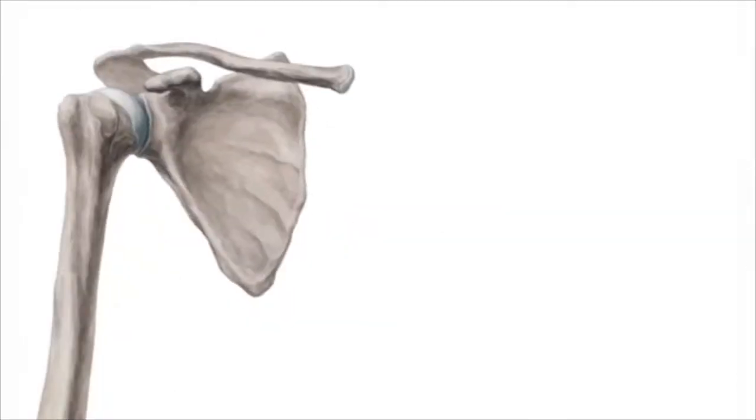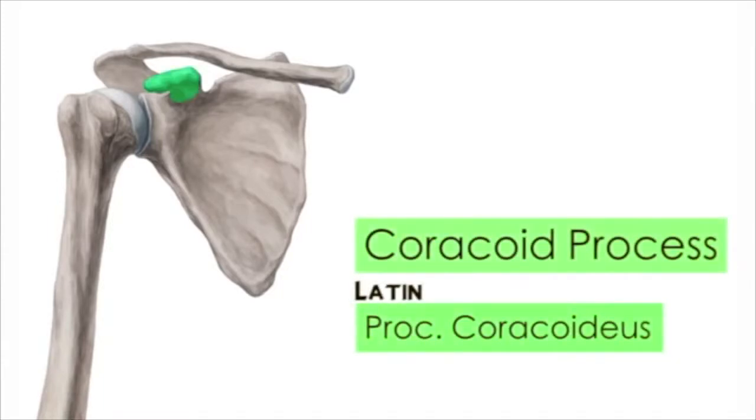The next structure that we're going to talk about is found above the glenoid cavity, and this is known as the coracoid process. And as you can see here on this image, the coracoid process is bent at a right angle, lateral ventrally, and has a flattened tip, as you can see here.